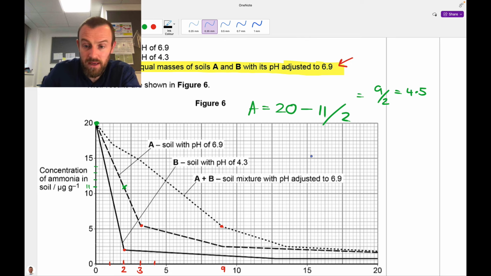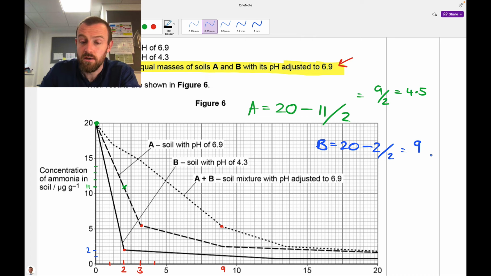Let's change color. B, we're going to again start at 20, and we're getting down to, where are we getting down to? At 2, we are at 2. So 20 minus 2 divided by 2, so that's 18 divided by 2, so that is 9. So it's double the rate, actually.